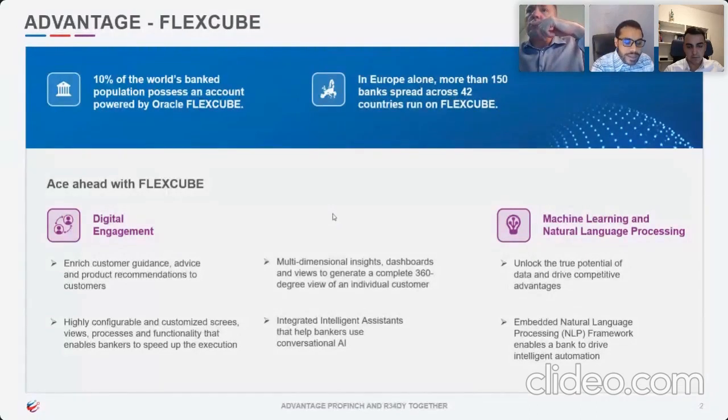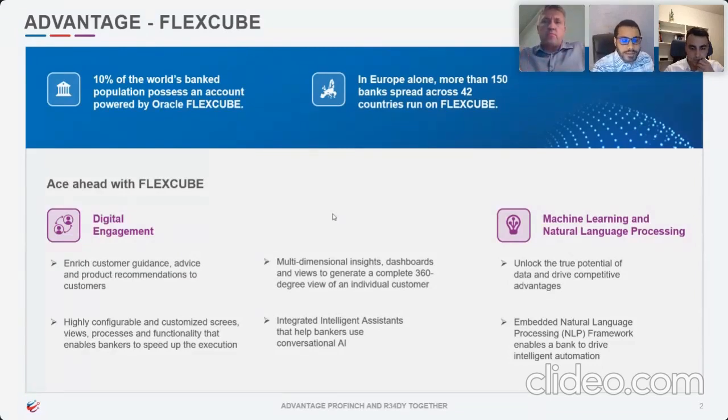The engagement with the end customer has taken a different league. When it comes to FLEXCUBE, it has moved to a different league because of the capabilities of AI, the mid-office processes, and the digital experience layer that has come in.